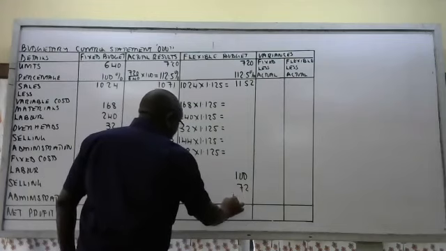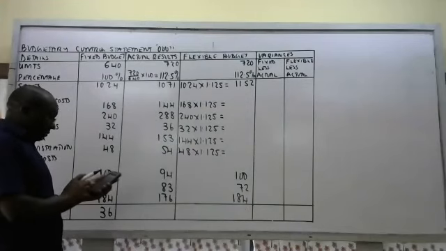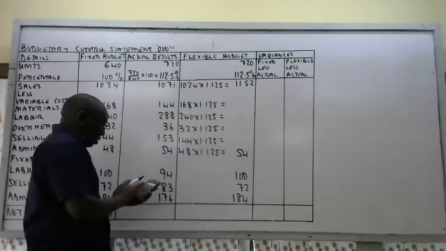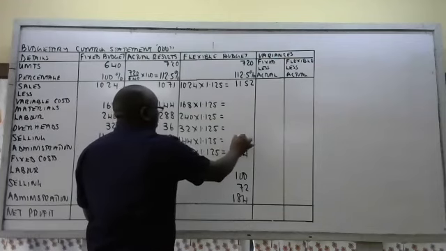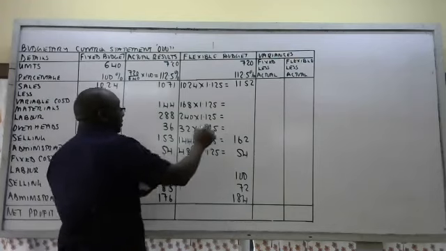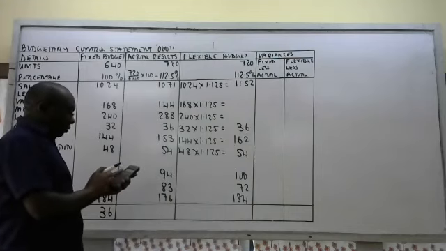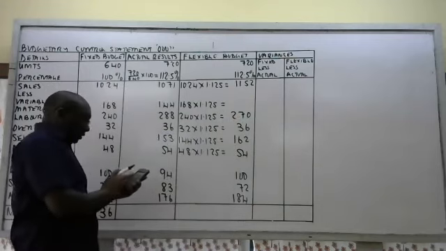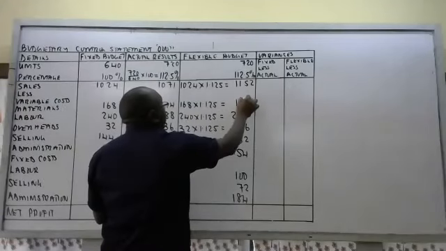They don't change. So 48 times 1.125 is 54. 144 times 1.125 is 162. 2 times 1.125 is 96. 240 times 1.125 is 270. 168 times 1.125 is 189.